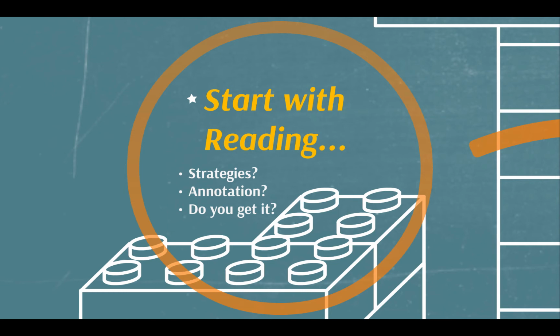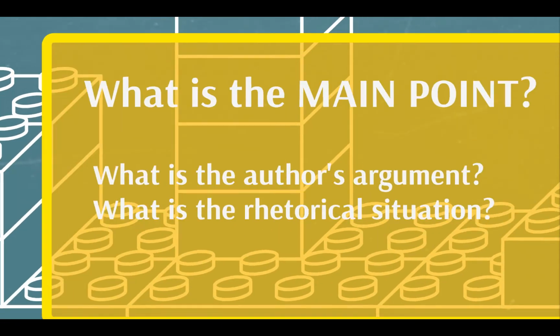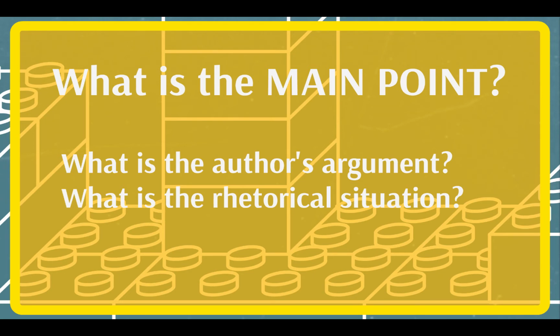Talking to peers or your peer mentor, talking to your instructor, getting some clarification on the content of the reading is really key. So first, start with reading and make sure that you get what the reading is saying, because the act of summary includes answering this key question: what is the main point of this reading?